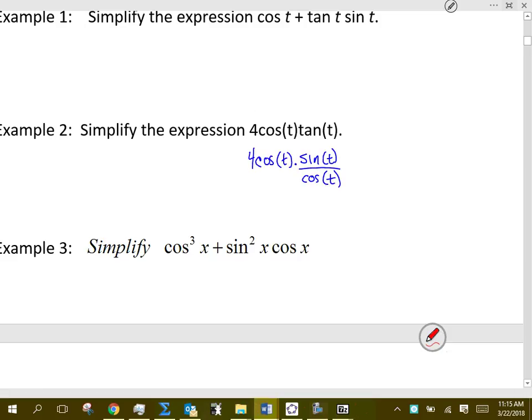But a number times a number times a number, can those numbers all be written over 1? I'm not going to write this one over 1 because it already has a denominator, cosine. I could put it all over 1, but it doesn't make a whole lot of sense here. To prove my point, I'm just multiplying 3 fractions together, aren't I?